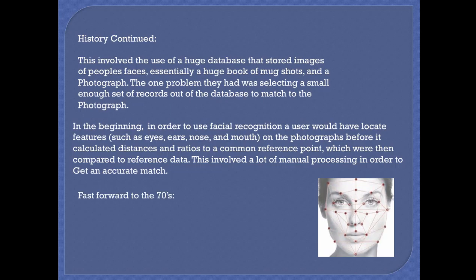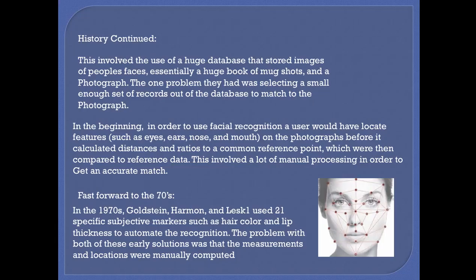And that leads us to fast forward to the 70s. In the 70s, three different individuals found there are 21 specific markers on the human face, such as hair color and lip thickness, to try and automate it.